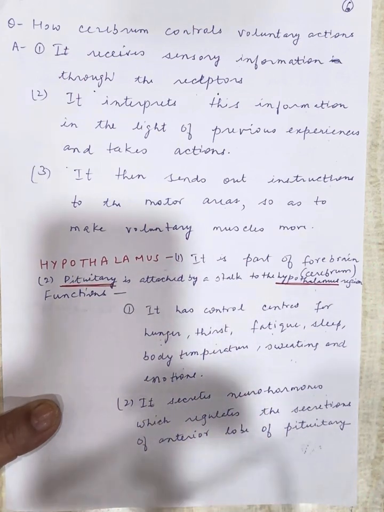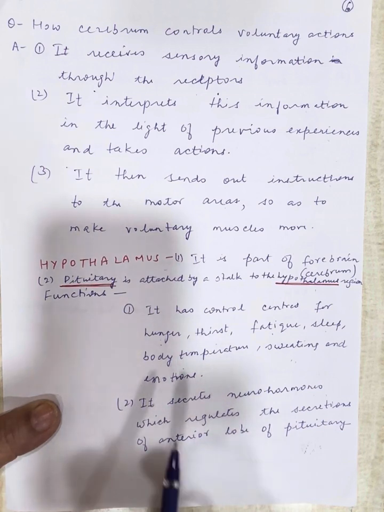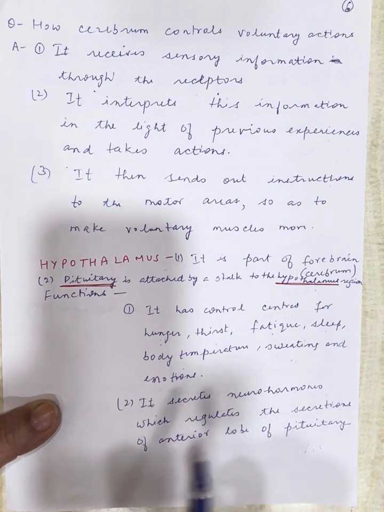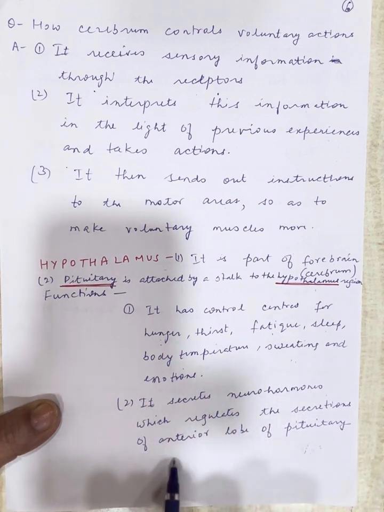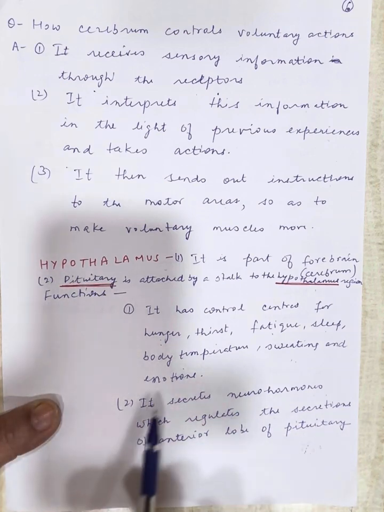Suddenly we start feeling hungry. Suddenly, from nowhere, we start feeling thirsty. These are all due to our hypothalamus. And one of the main important parts of the hypothalamus is that it secretes neurohormones which regulate the secretion of the anterior lobe of the pituitary gland. This is also very important.